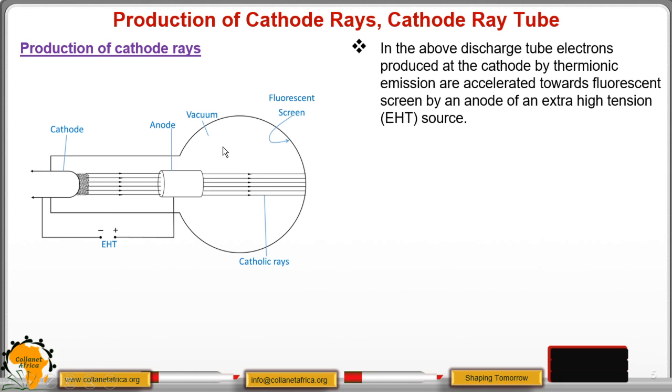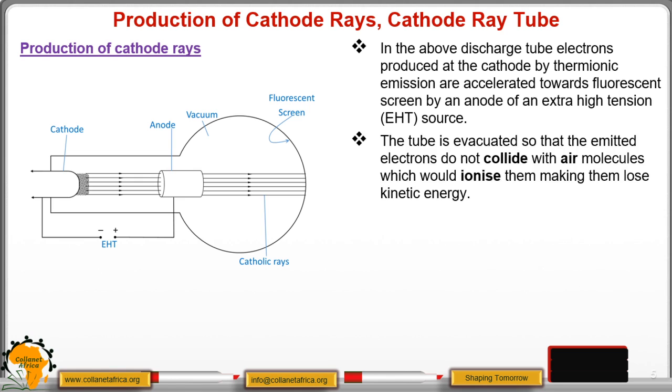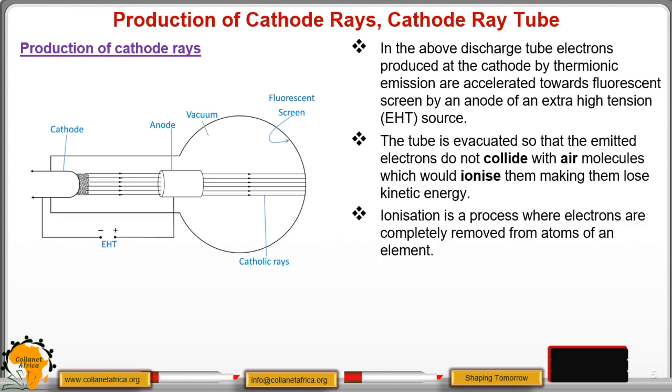Again, we are saying that the tube is evacuated, or we have ensured that there are no air particles. And this will help to ensure that the electrons do not collide with any air particle. Because if they collide with air particles, they are going to lose some of their kinetic energy, because as they collide with the air particles, they are going to ionize those air particles. And what is ionization?